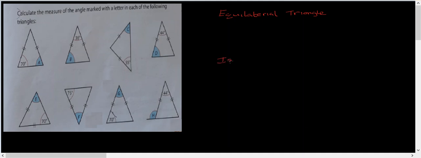Remember. We can have a right angle triangle. And then we can have, I'll just write this down here, scalene triangle.